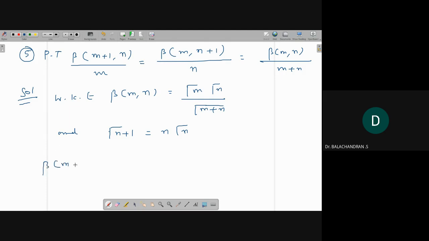Using this result, you can write gamma of m plus 1 into gamma of n, denominator gamma of m plus 1 plus n. Using the recurrence relation, what is the numerator?